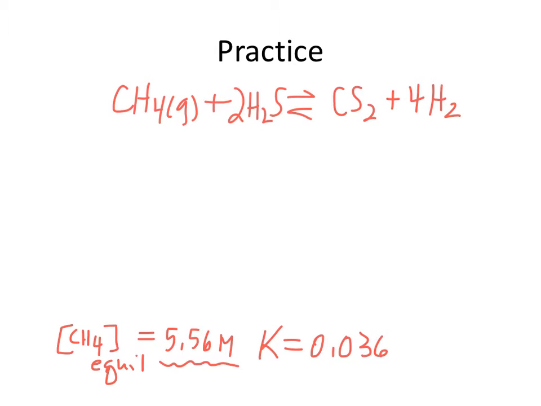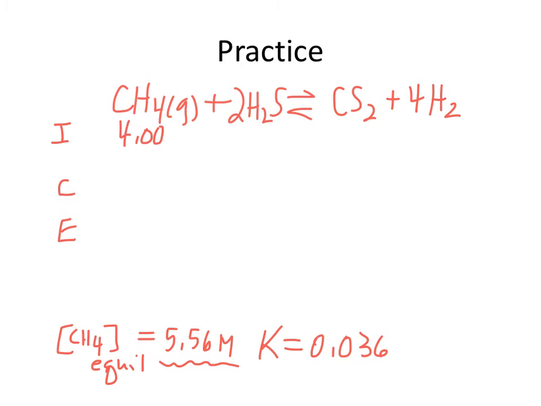The thing to do is to start off by writing the equation, which I've already done. So we have methane plus 2 dihydrogen sulfides produces carbon disulfide plus 4 hydrogens. Okay, so we're going to start with ICE. Initial. So let's figure out the initial concentrations here. Initially we had 4 molar of methane.